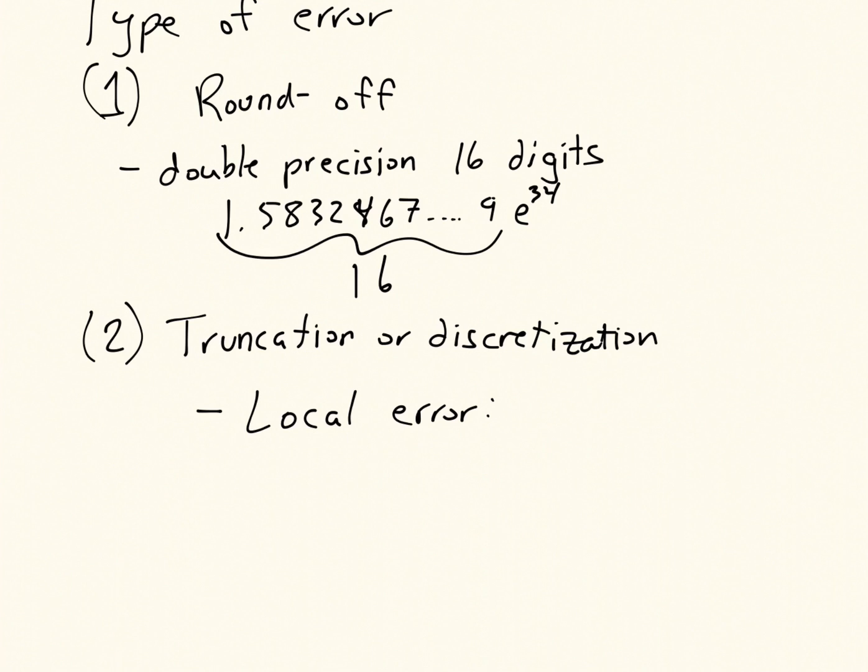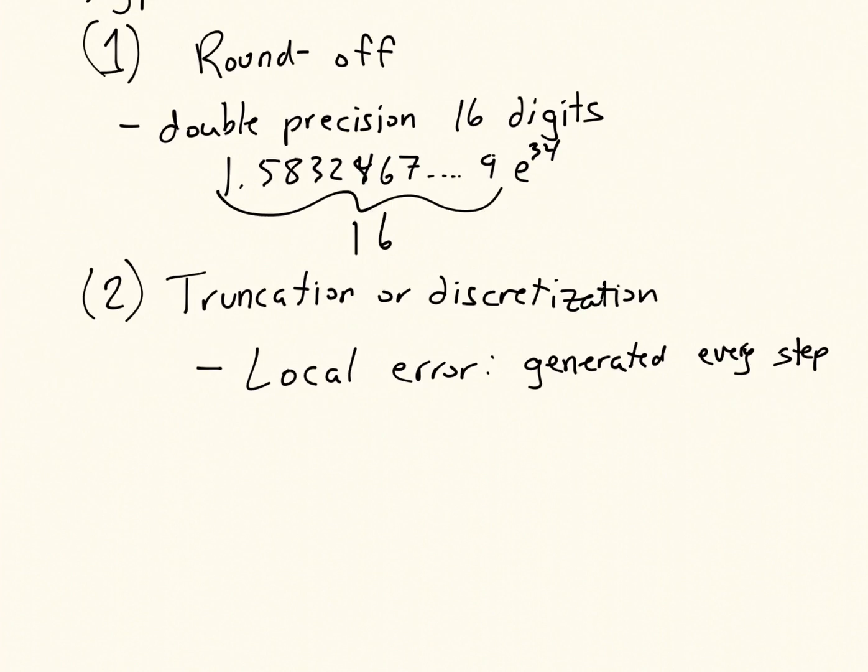If you think back to Euler's method, we know our solution at one point, and we compute a solution at the next point. The error that is generated over that step is the local error. So the local error is the error generated every step. It's just the error over one step.